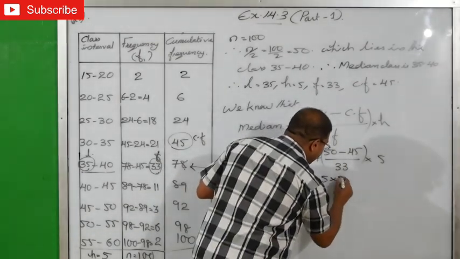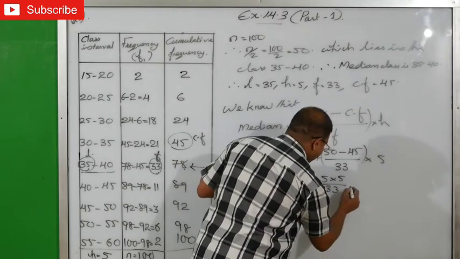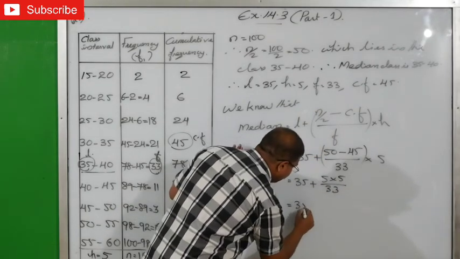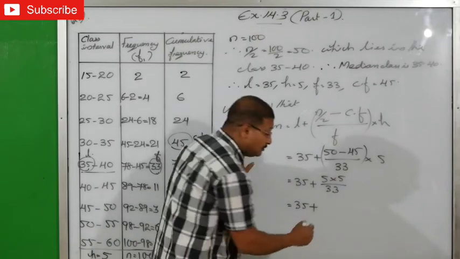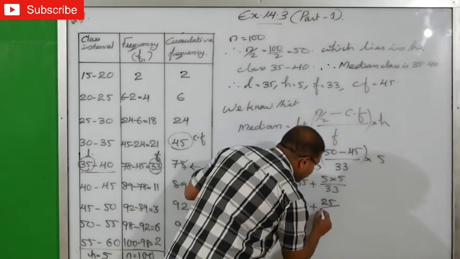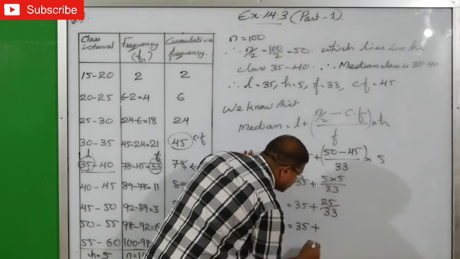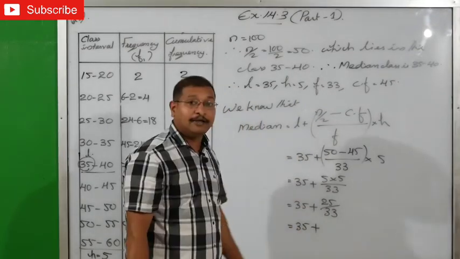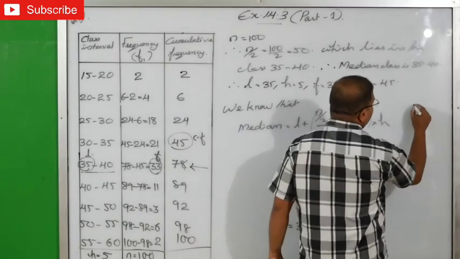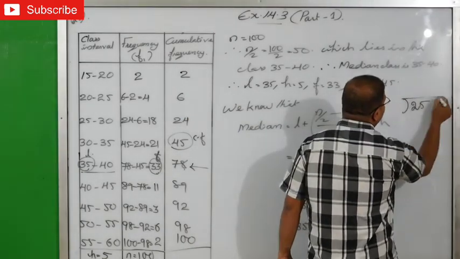This equals 35 plus 50 minus 45 is 5, 5 into 5 by 33, equals 35 plus 5 fives are 25 divided by 33. Now we have to divide 25 by 33.